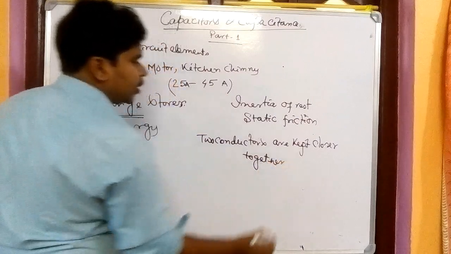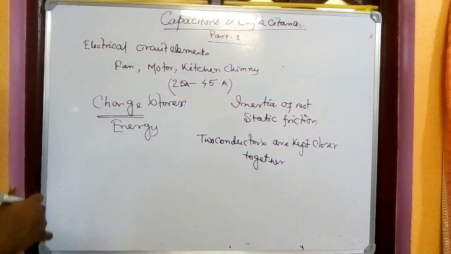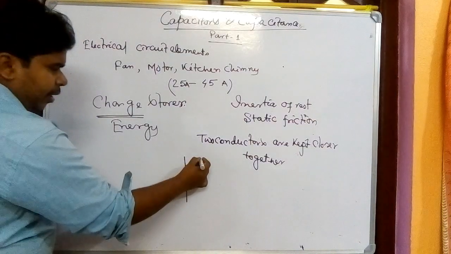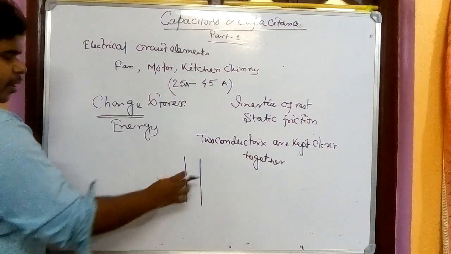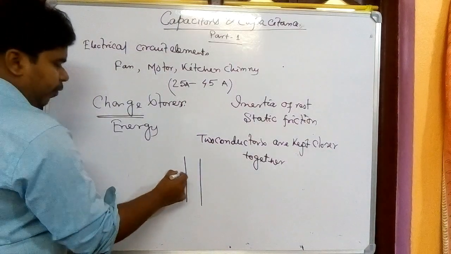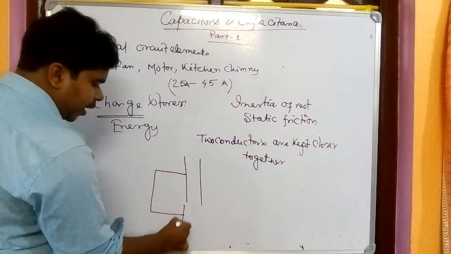Two conductors are kept closer together, and then only is a capacitor formed. Assume it is one conductor and it is another conductor. We have kept them very close together, and now we connect them with a cell.